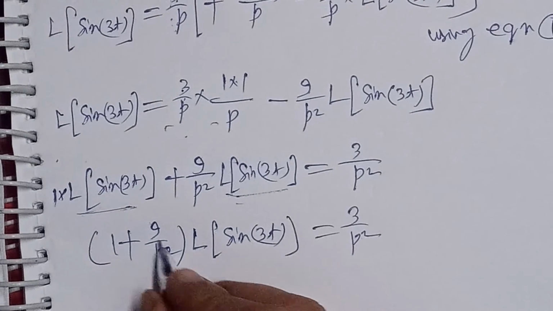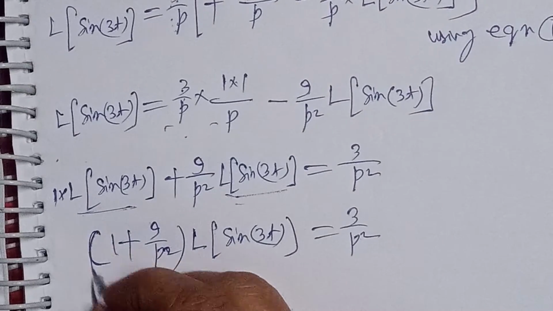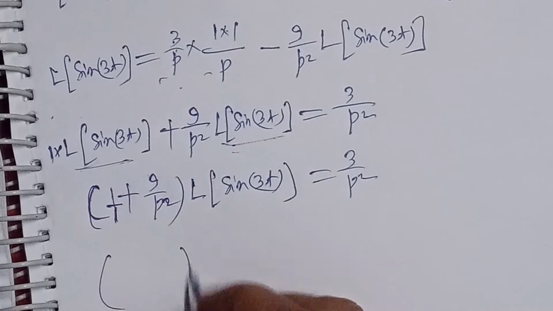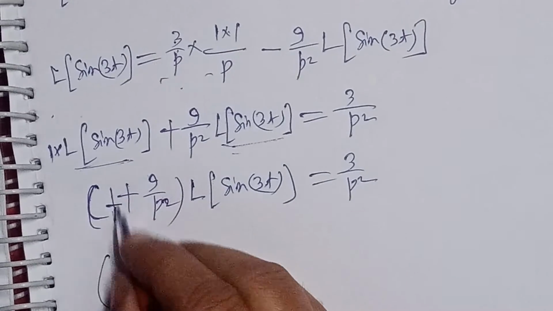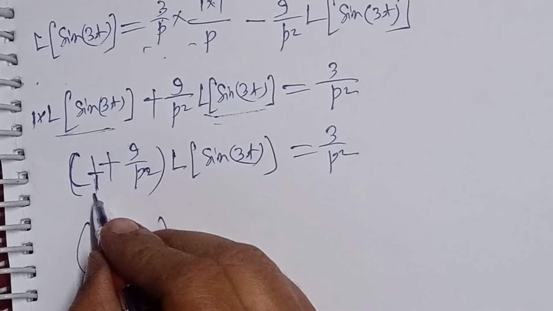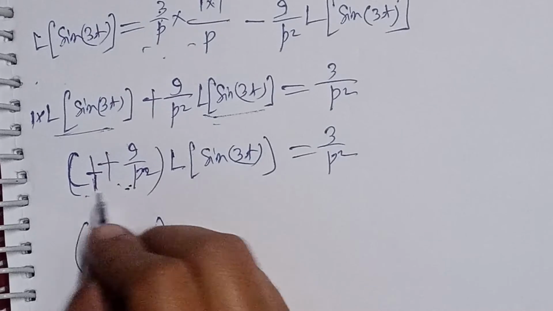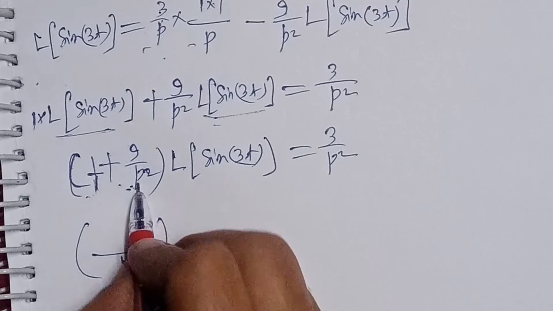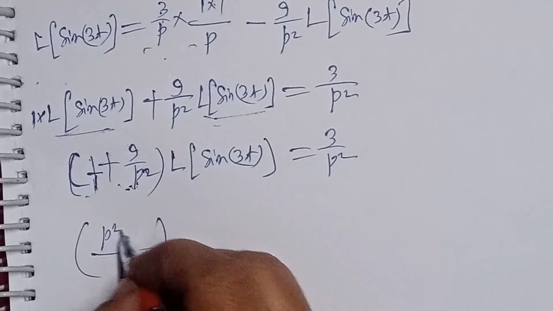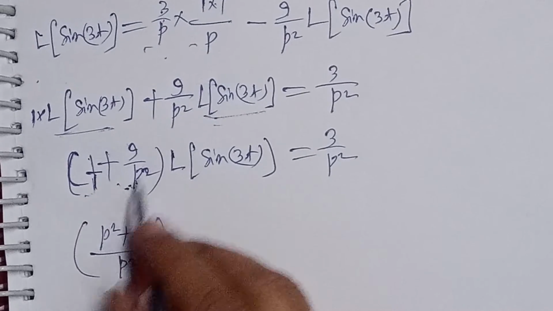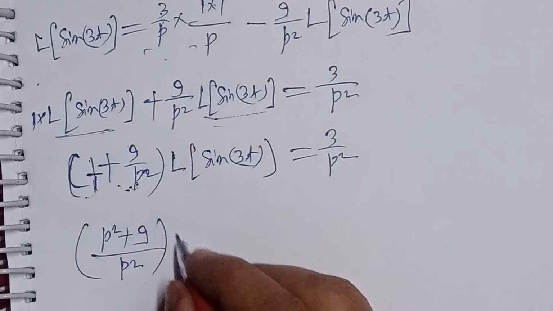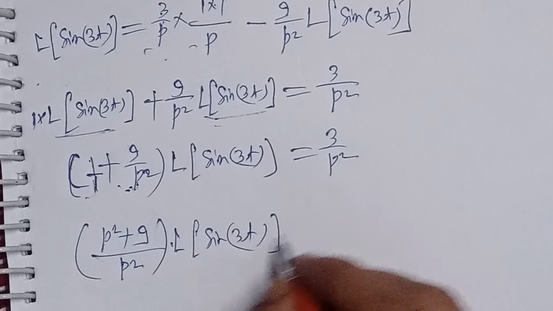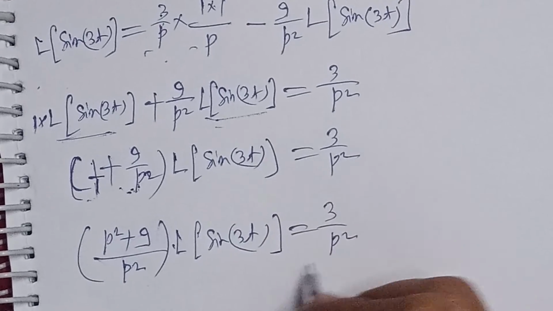Take p square as the LCM. We can make 1 as 1 upon 1, a fraction, so that the LCM of 1 and p square is p square. After solving it, we get this value multiplied by Laplace of sin 3t equal to 3 upon p square.